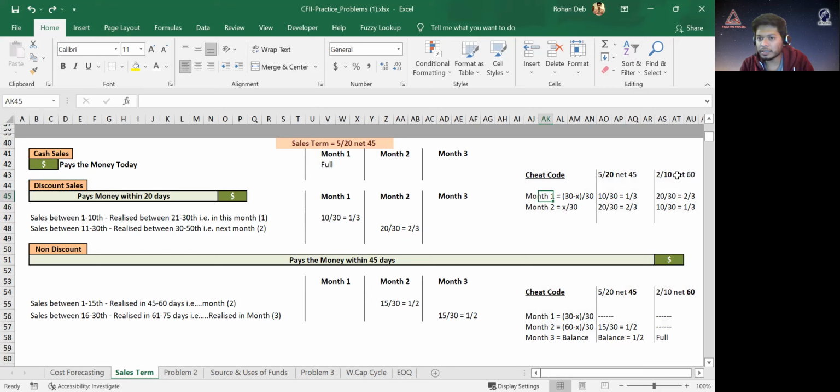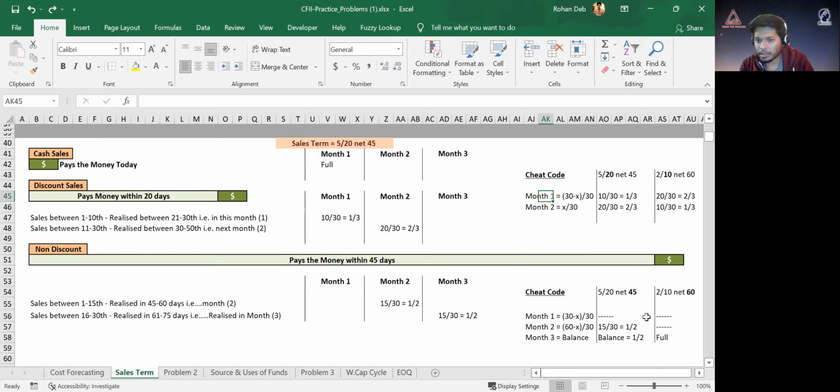Similarly, if this was 2 by 10 net 60, I would take this 10, and 30 minus 10 is 20 by 30 here, and 10 by 30 is 1 by 3. So in the first month 2/3 will be realized, and in the second month 1/3 will be realized.